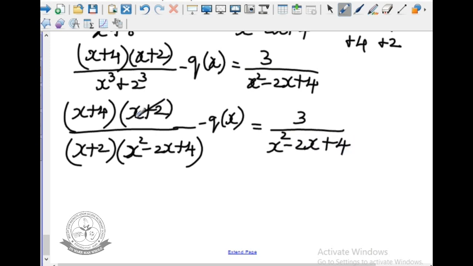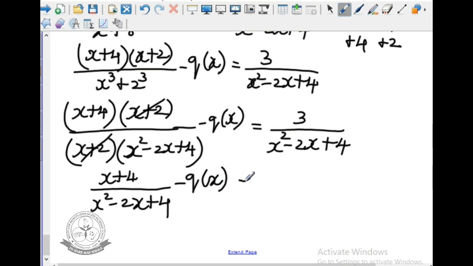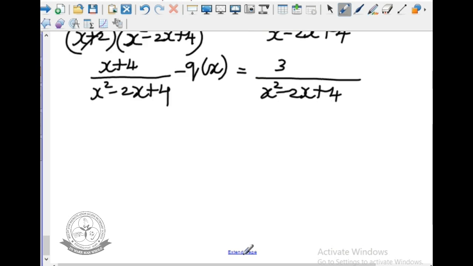So x plus 2 gets cancelled, the remaining term is x plus 4 by x squared minus 2x plus 4, minus q of x equal to 3 by x squared minus 2x plus 4. I want to find q of x.